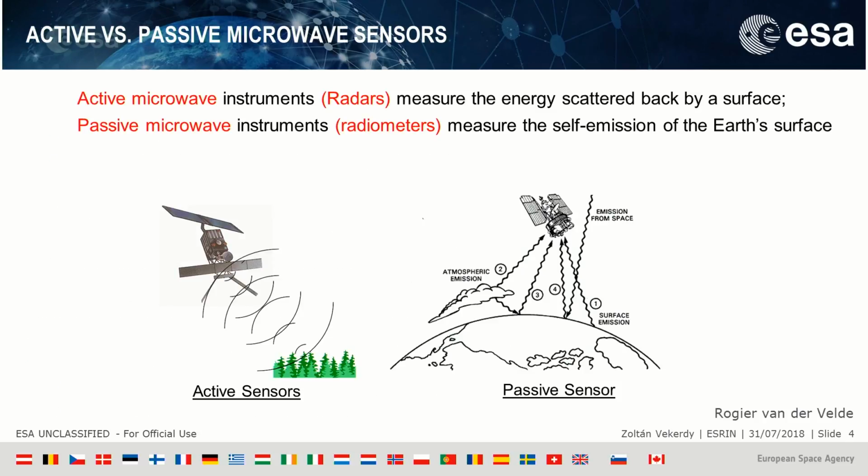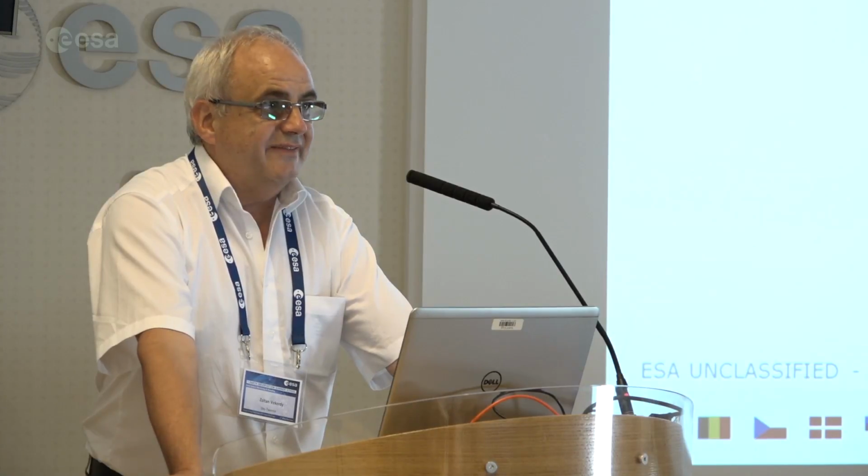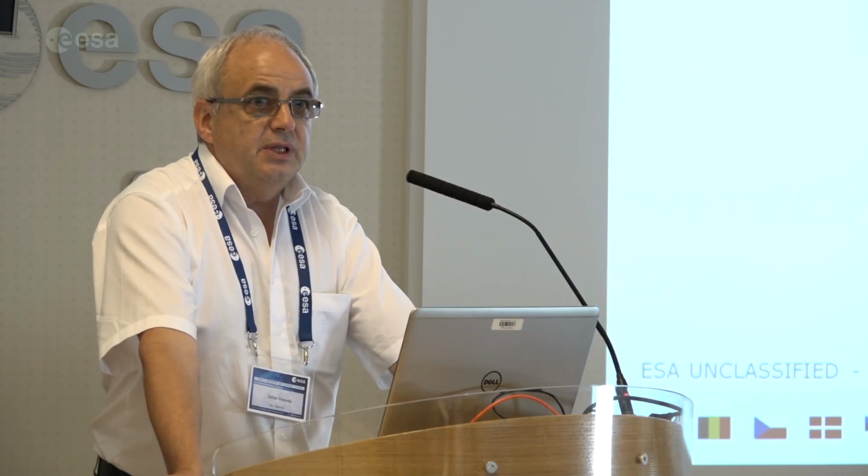So, what is happening? In fact, we were talking a lot about active and passive sensors. Here I would like to make, really just for refreshing the memories, a big distinction between radar and passive sensors, which are the radiometers. The energy that plays in these games is several orders of magnitude different.